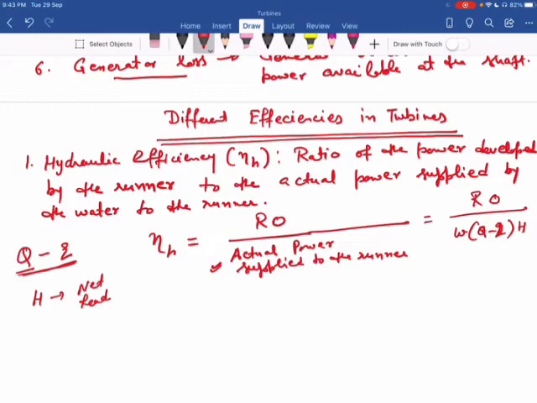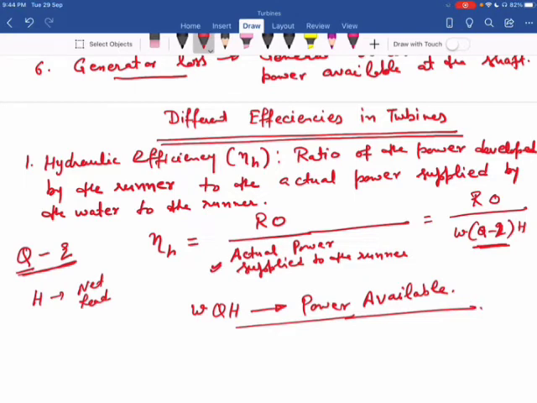Now, the term WQH is the power available, and the term W(Q minus q)H is the power supplied to the runner.